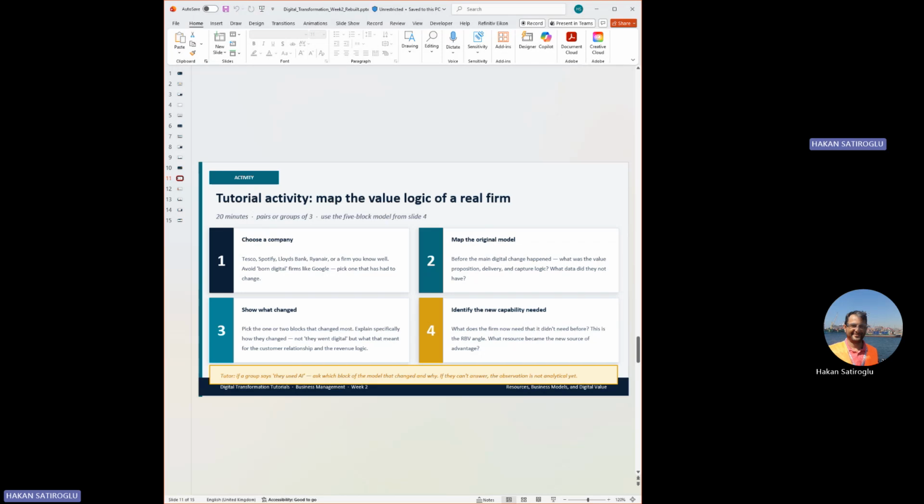What they needed to make, while they did, while they are doing. So maybe you can use Barney's resource-based logic here. The resource is not data. Data on its own is often overrated. We all know.